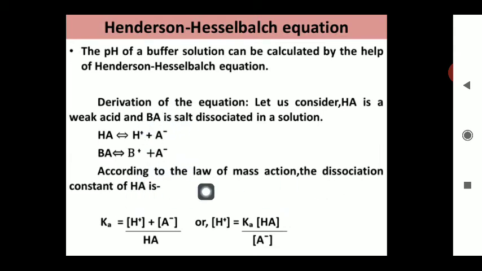According to the law of mass action, whenever the equilibrium is set up, you can calculate the value of Ka. This Ka is equal to H positive ion concentration times A negative ion concentration upon HA concentration. In the same way, for the basic compound, you can also take this example. So overall, the H positive ion concentration is equal to Ka times HA upon A negative ion.